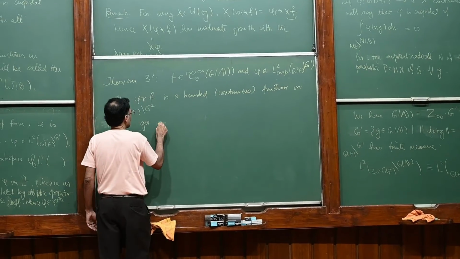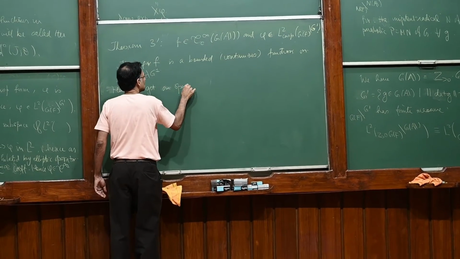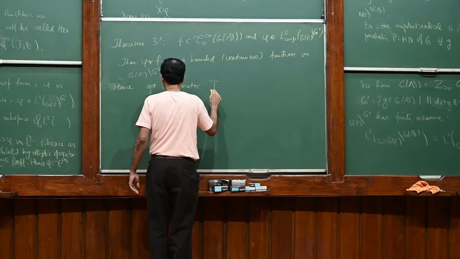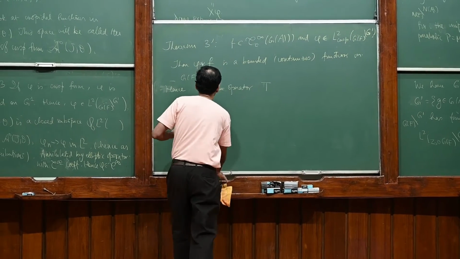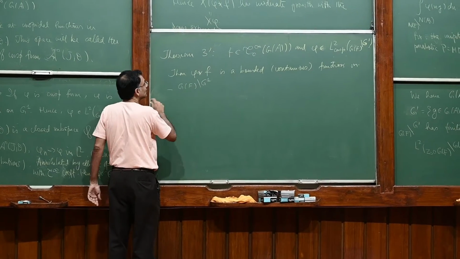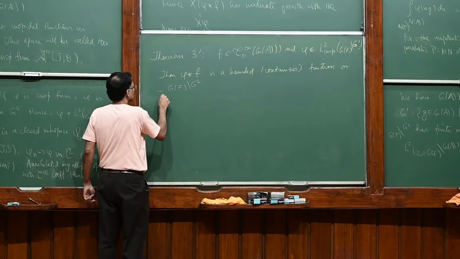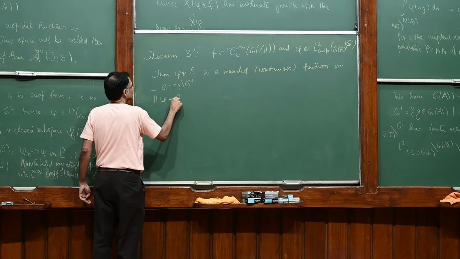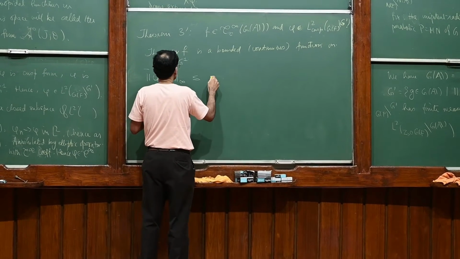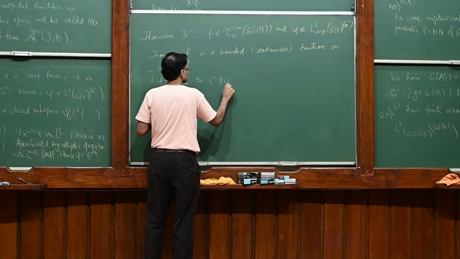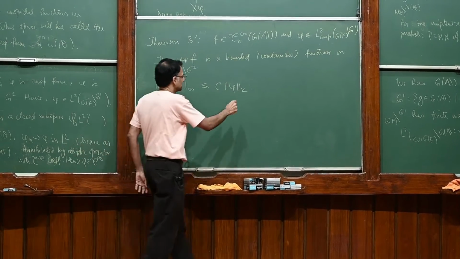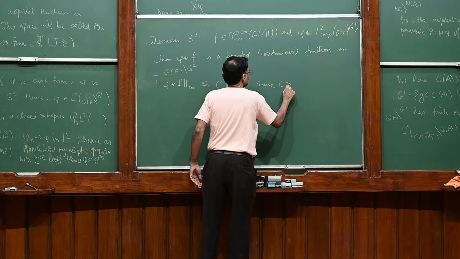Hence, we get an operator T. Of course, convolution satisfies the following property: the norm of the convolution, the infinity norm, should be less than the 2 norm, for some constant.